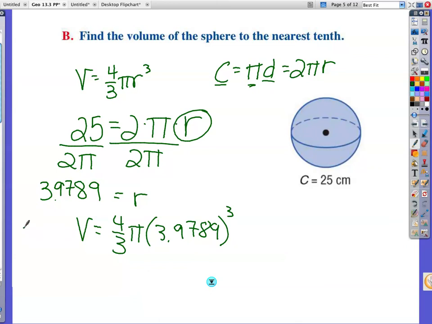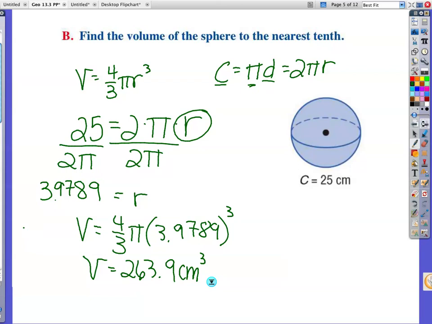So I'm going to cube that number, times 4/3 pi, and I am getting 263.9, and my label should be centimeters cubed. Okay, make sure you can do that accurately on your calculator.